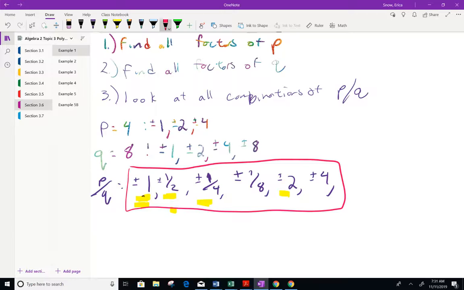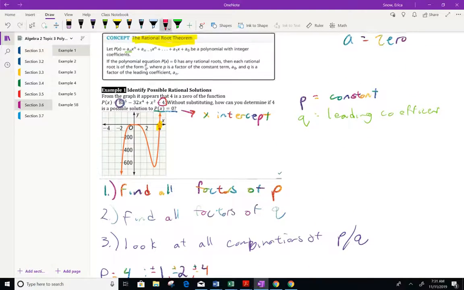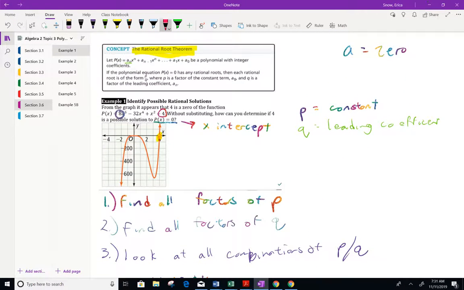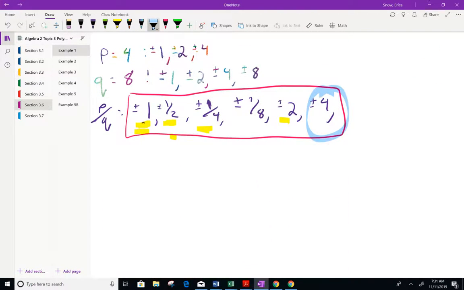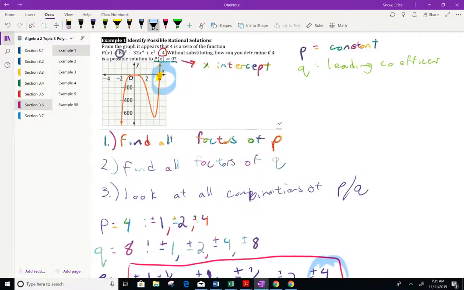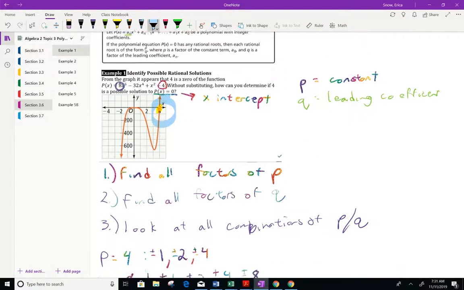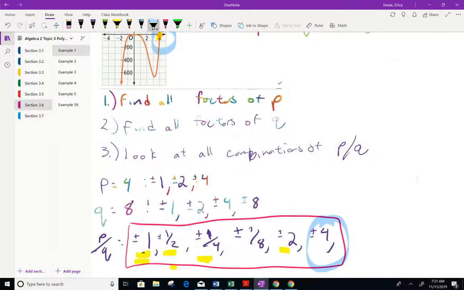So any one of these numbers could be a zero of the polynomial. And so what we find is that 4, this number that we found up here, is on our list. So it is, in fact, a 0 or a possible 0 of the polynomial.